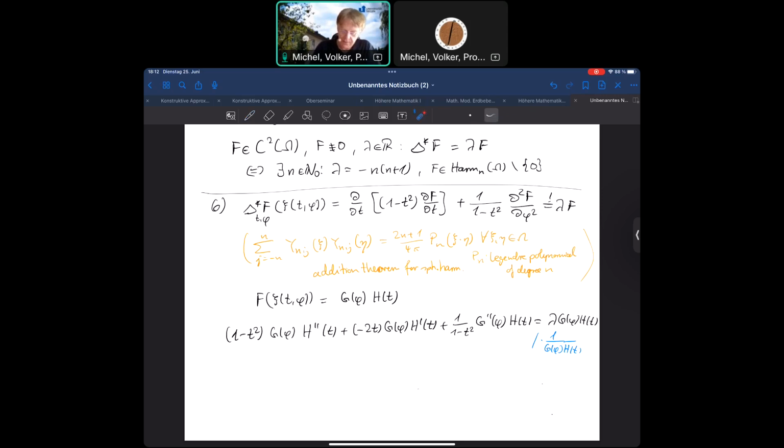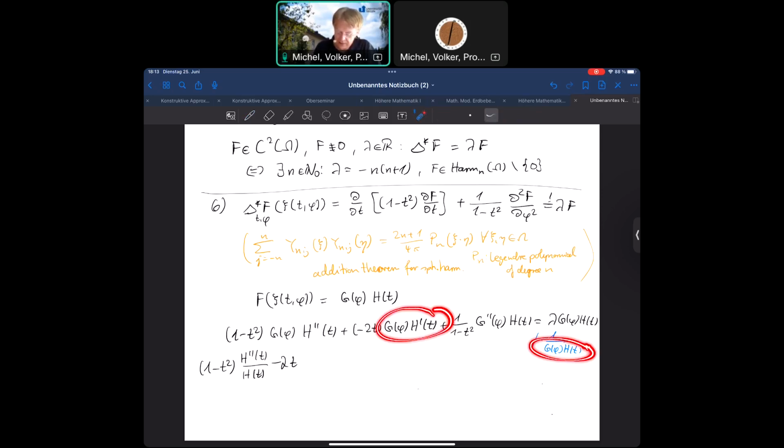So I'm dividing by g times h here, and this is not very difficult. First of all, let me start with the 1 minus t squared. If I divide that by gh, the g would cancel out. So I would simply get h double prime of t divided by h of t. Then I'm coming to the next term. I get, first of all, minus 2t. And I divide this by g times h.